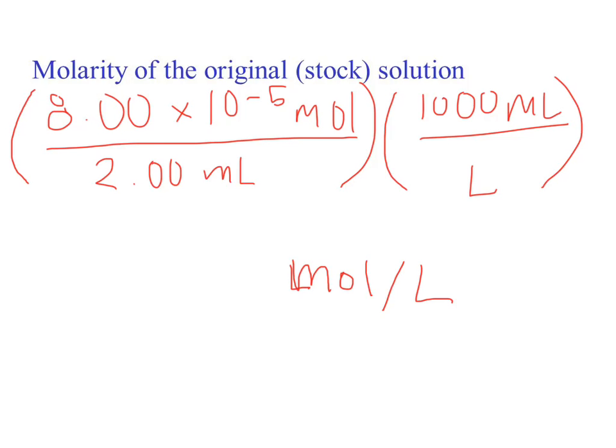Well, for now, what did you get? 0.4 molarity, moles per liter. I can see that because it's 10 to the negative fifth and 10 to the third, and I buy that.